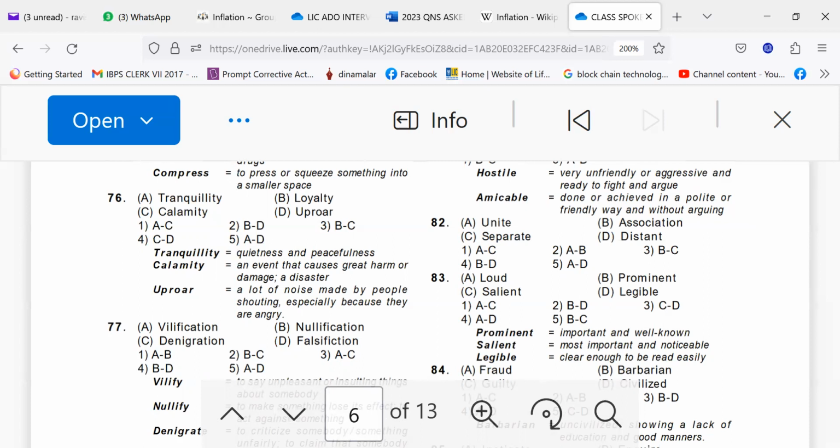Tranquility, loyalty, calamity, approach. Okay, 82. Unite, association, separate, distant. Over, sir. Yes, sir.